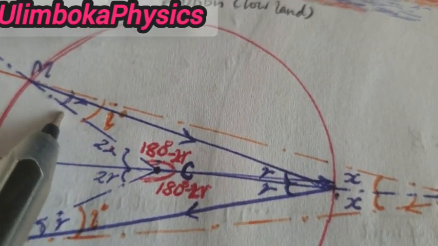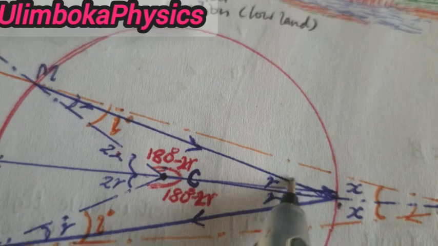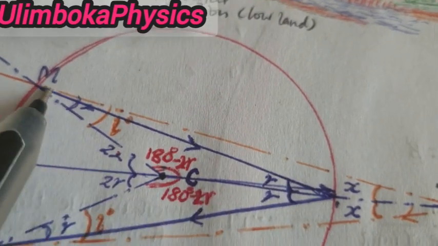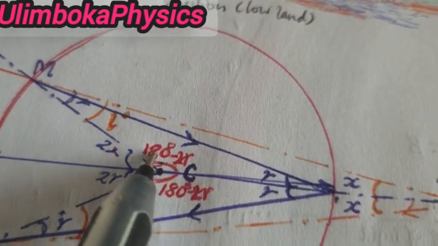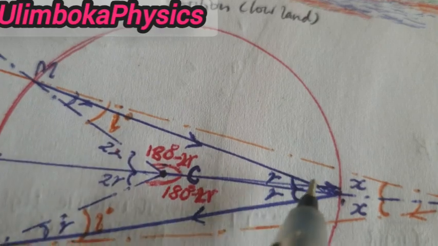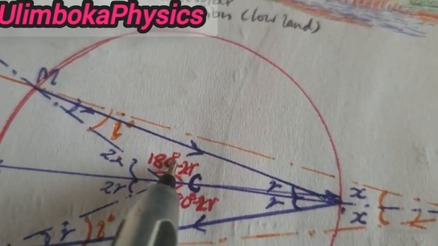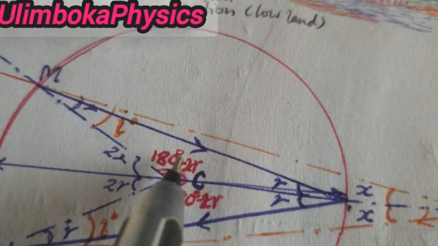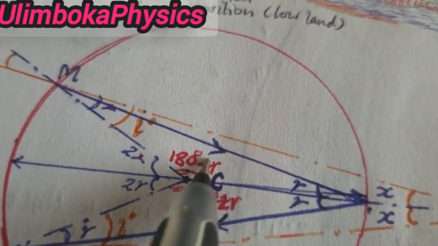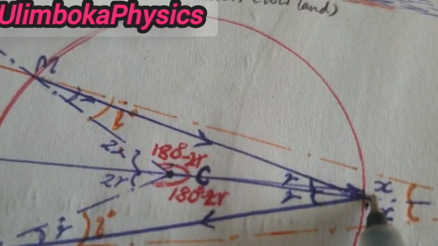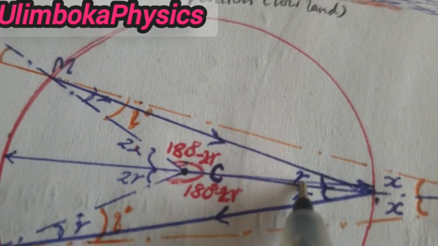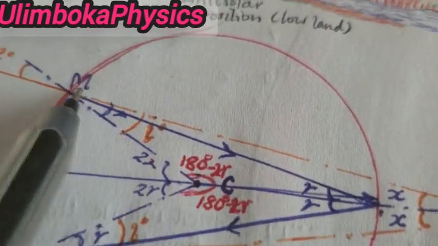This angle is equal to this angle. Therefore, the remaining angle is 180 degrees minus 2r. Therefore, at the point of incidence here, the incidence angle is equal to the refracted angle r.